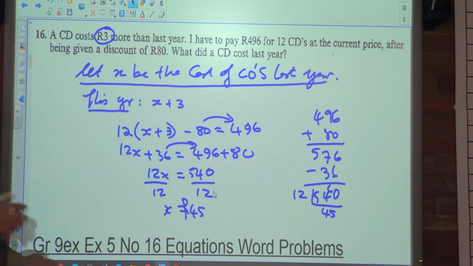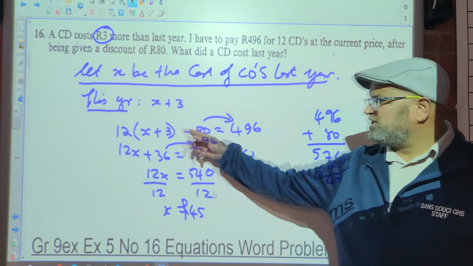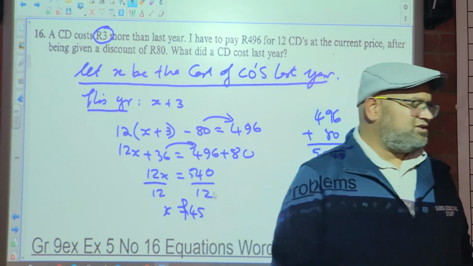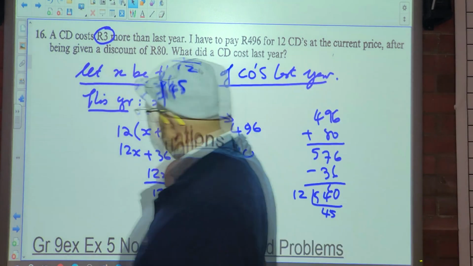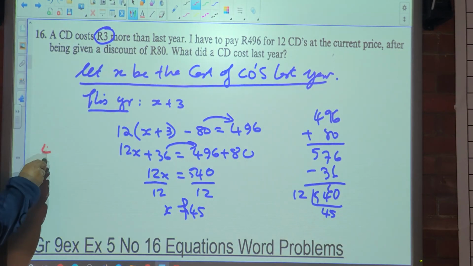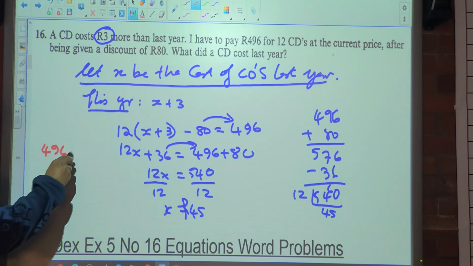So you just work the story in reverse. You see the question says, did you set up an equation? So you got something looking like this. What do you have? 496 plus 80.